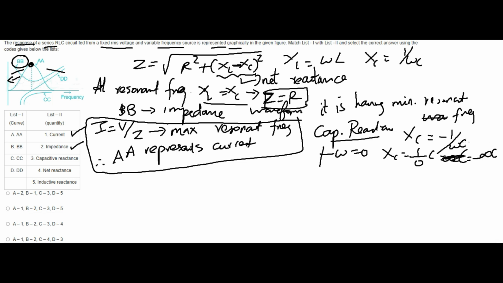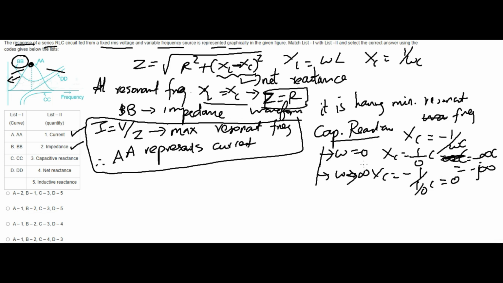Don't forget this one. If I say minus, you have to use minus j infinity. The capacitive reactance becomes infinite. At the other point, omega tends to infinity, never say equal to infinity. Then XC becomes 1 divided by infinity, which is 0, completely 0.